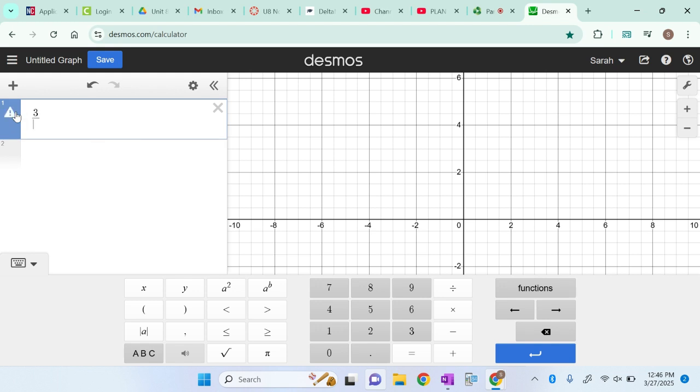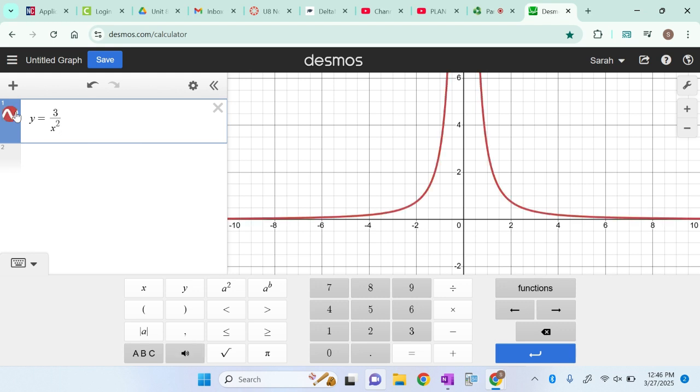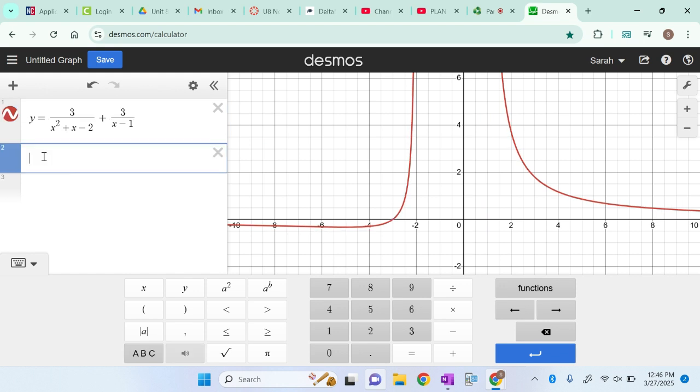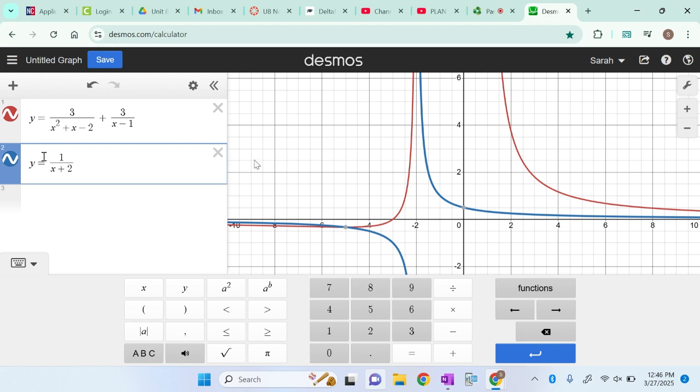y equals 3 divided by x squared plus x minus 2 plus 3 divided by x minus 1. Then right here, y equals 1 divided by x plus 2.